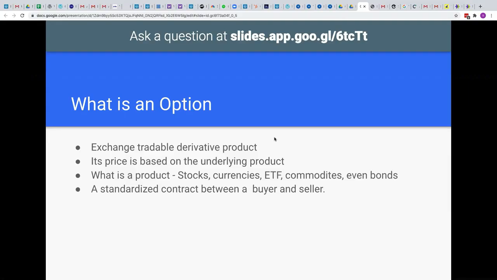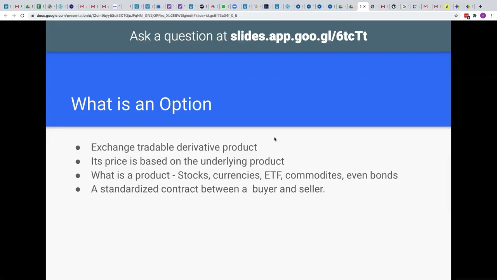So what is a derivative? A derivative is something that is dependent on some other thing. For example, an option price is dependent upon the underlying stock price. So it's called a derivative, because its primary source is something else.